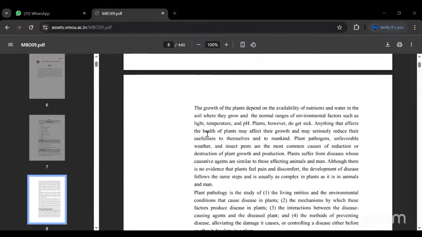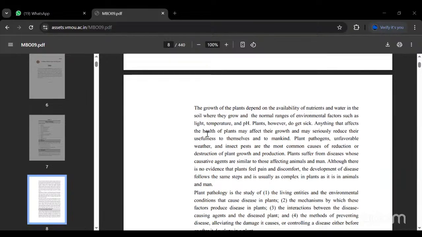However, plants get sick when anything reduces their normal functioning, unless the plant feels pain and discomfort.